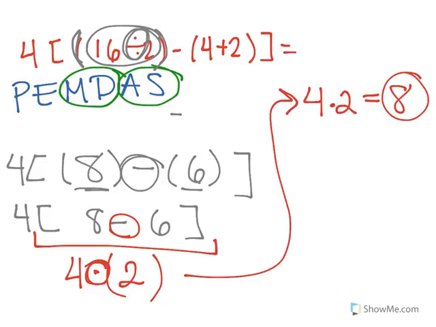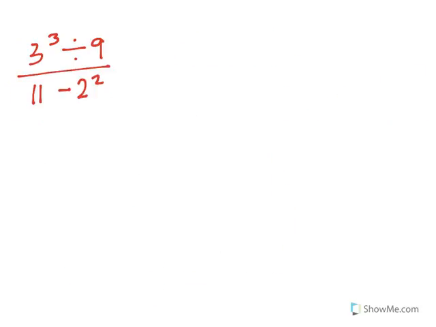So actually right now we didn't even really have to go through PEMDAS. Why? Because we always narrowed everything down to only one operation. But it's always good practice just to go over it if you don't feel like you know everything right now.